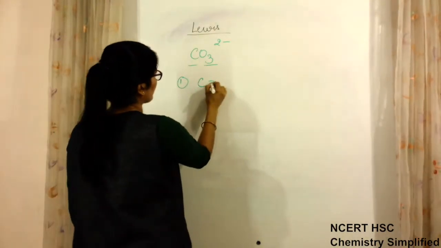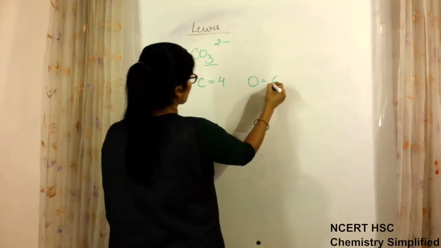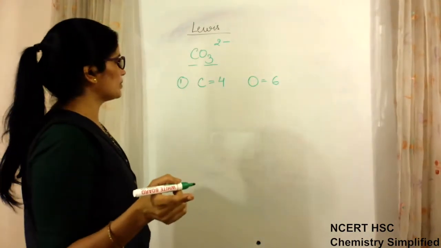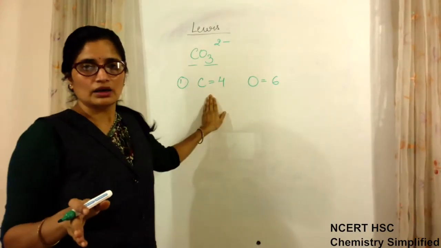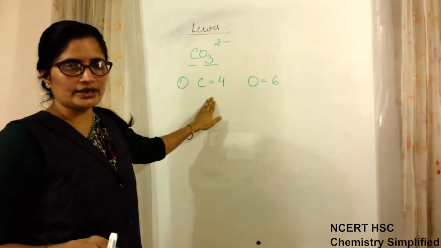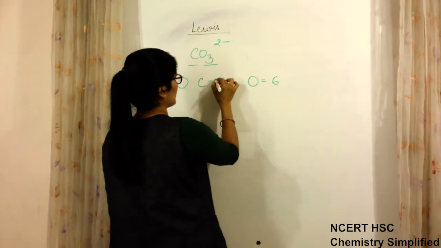Carbon valence electrons 4, oxygen valence electrons 6. Don't go for atomic number. The major mistake you make is that you total all the electrons present, that is, you total the atomic numbers. So the mistake is at this step only.